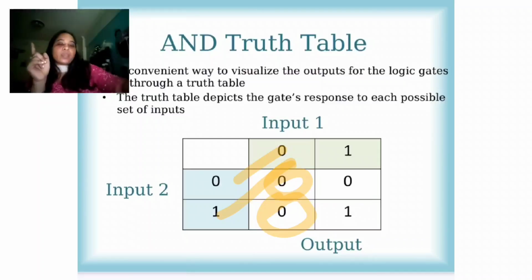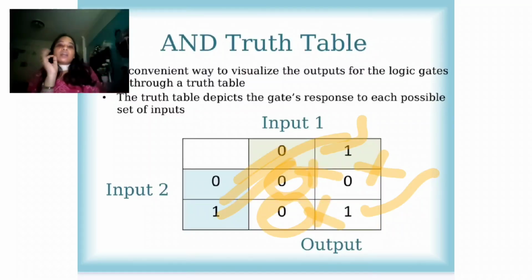The condition is that both should be the same, then only you get the answer true. Otherwise, wrong. That is the condition of the AND gate. That's why we use this gate on the circuit board. If we use an AND gate, all the inputs should satisfy the same condition, then only it will produce the output. Otherwise, it will produce a false output.